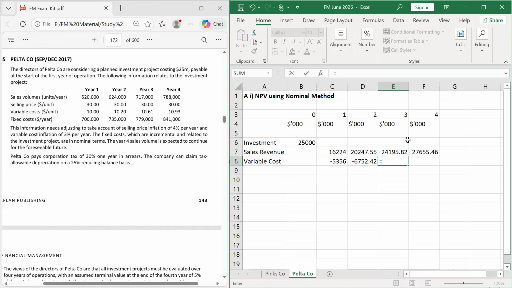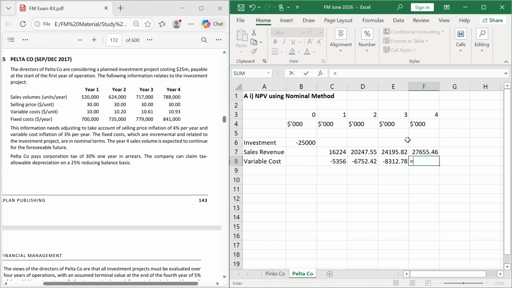Similarly, for year three, the sales units are 717, negative 717 times variable cost per unit of 10.61, multiplied by 1.03 power 3.